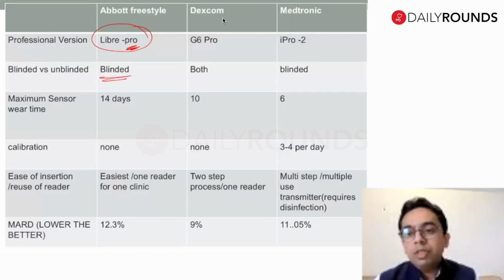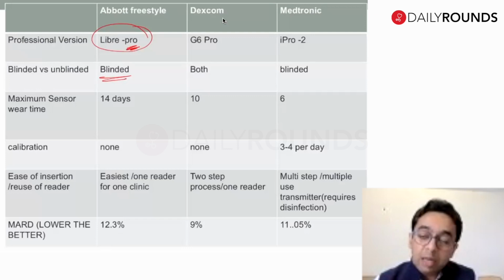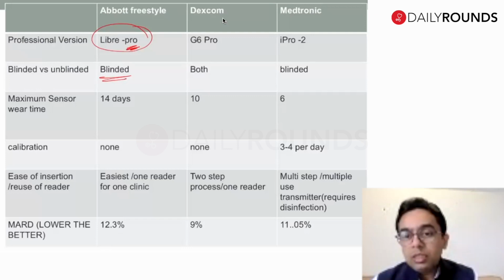So we have this Bluecon, where this pro version can be converted into real time. I've already told you, with the pro version the patient cannot check the data directly, but the sensor is recording it completely. It's continuously recording the blood sugars, so that data can be transmitted. That is what these third-party devices are using.